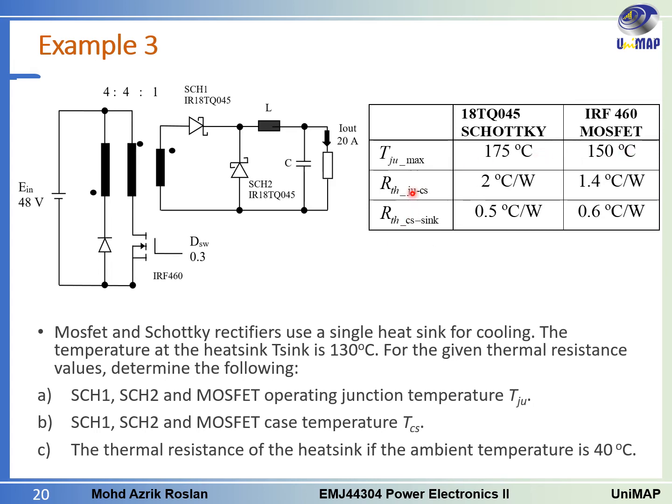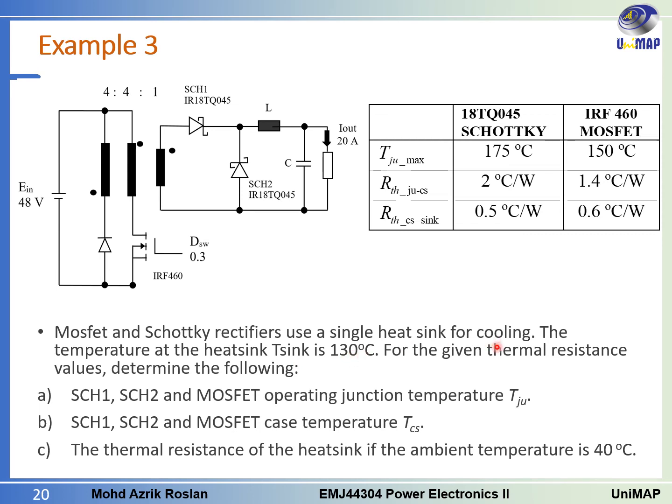Then we are given the Rth junction to case for both Schottky and Mosfet, and the Rth case to sink for both of them as well. In this question it is a little bit different, because instead of designing the junction temperature ourselves and then finding the heat sink temperature, the heat sink temperature is already given, which is 130 degrees C.